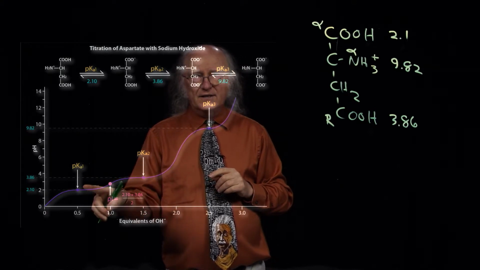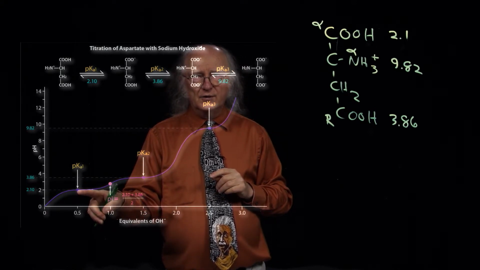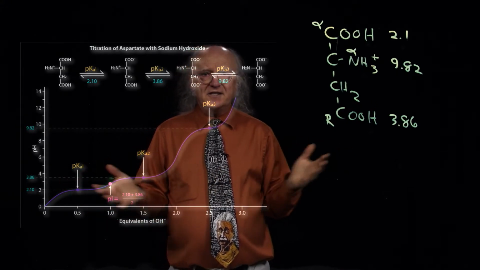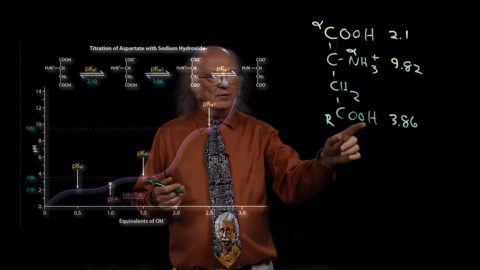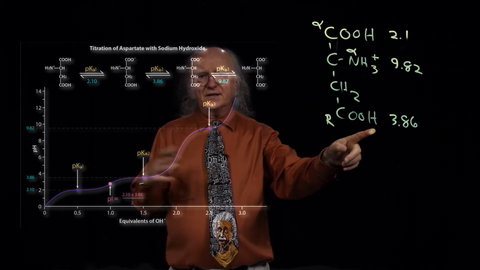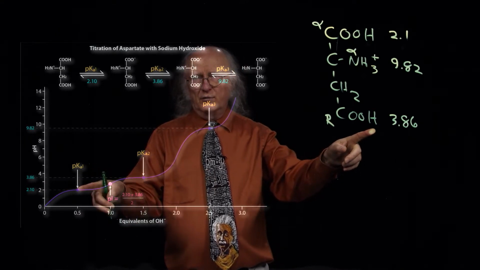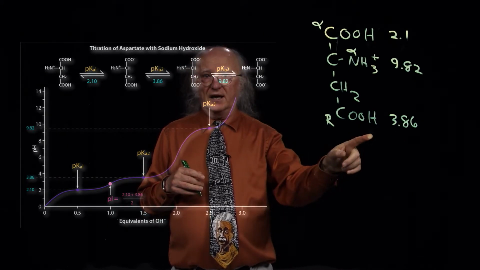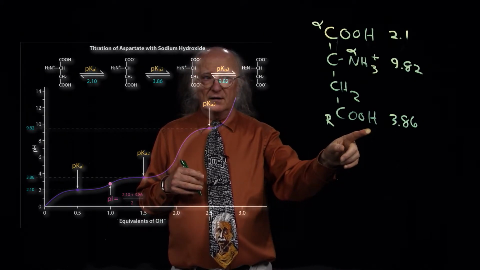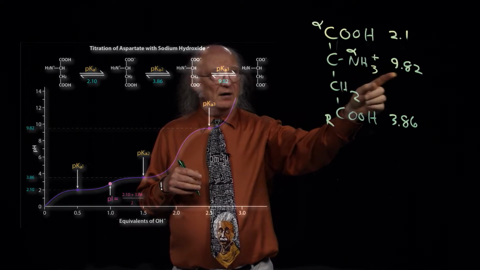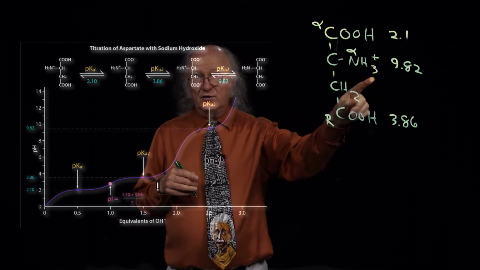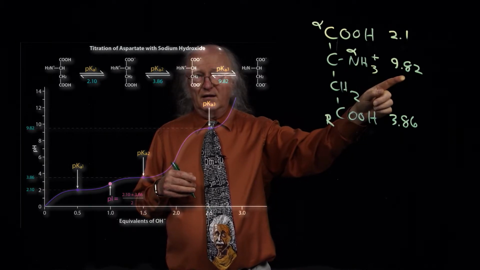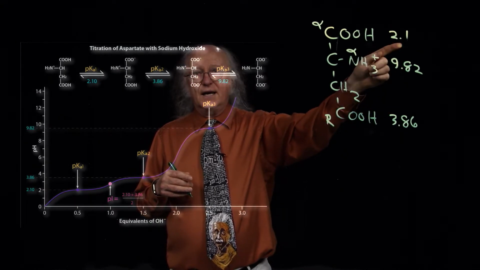When I get into this region that you can see right here, where I have pKa value 1, I can't say what I've got present. I know that this proton will be on because a pH of 2.1 is more than 1 unit away from this pKa value. I know that this proton will be on because a pH of 2.1 is more than a pH unit away from this pKa value, but this one I can't say.